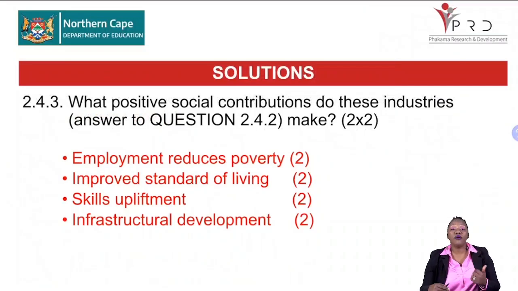So again, you will be gaining some skills. And also, because of these industries, there will be infrastructural development, which means roads will be constructed for these industries to transport their goods, which will be a benefit to the local community as well.